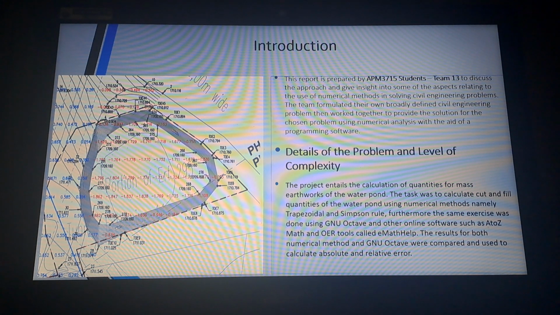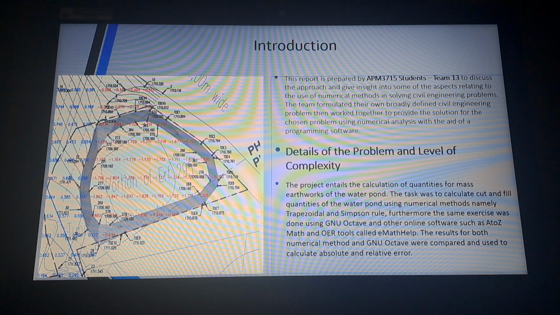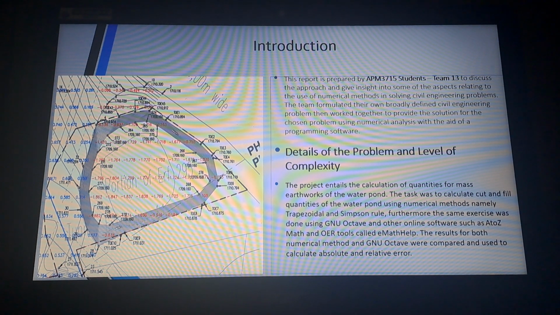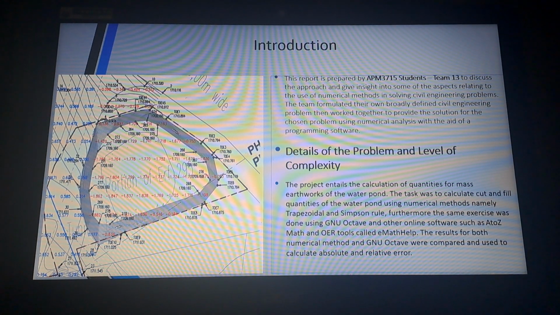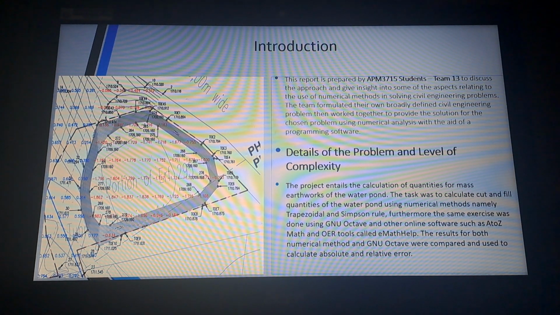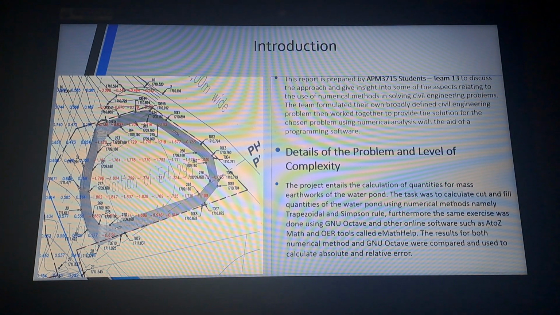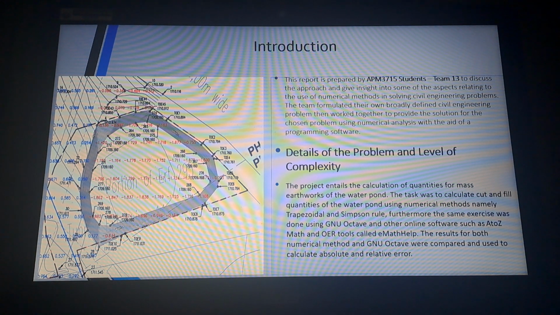The task was to calculate the cut and fill quantities of the water pond using the numerical methods, namely trapezoidal and Simpson rule, and furthermore, the same exercise was done using GNU Octave and other online software such as A2Z Met, Core, and the EMET help.